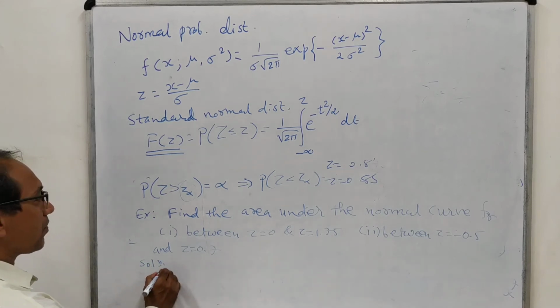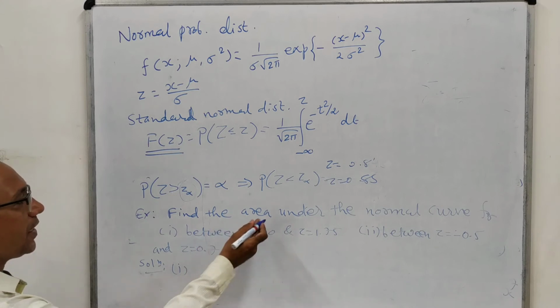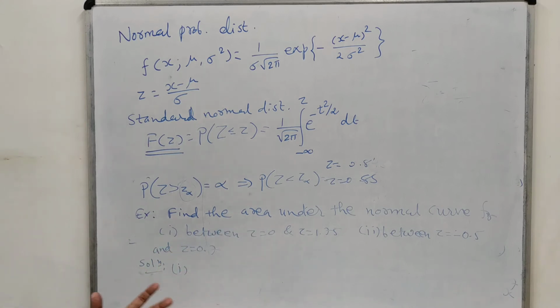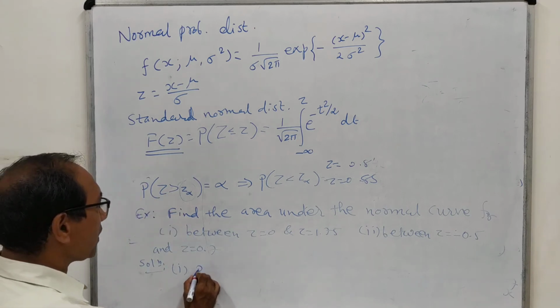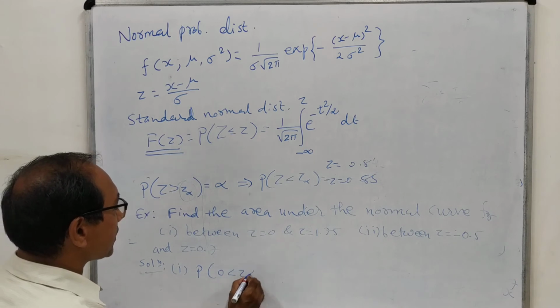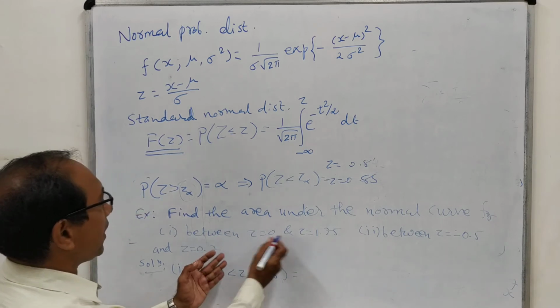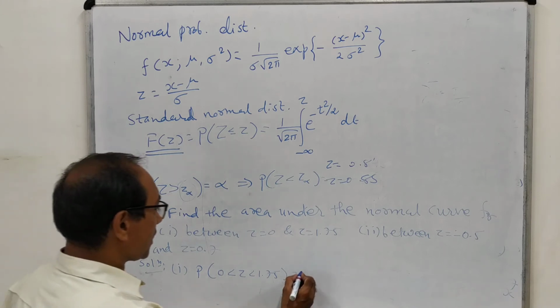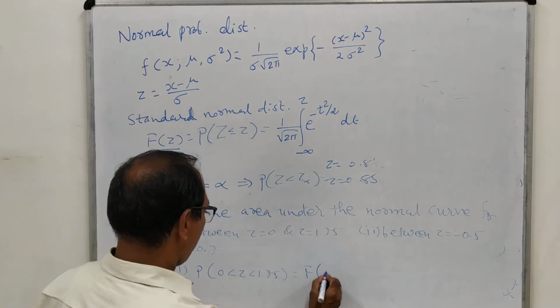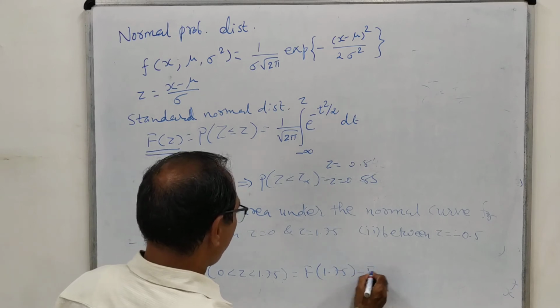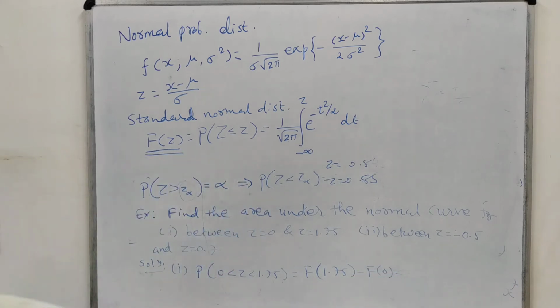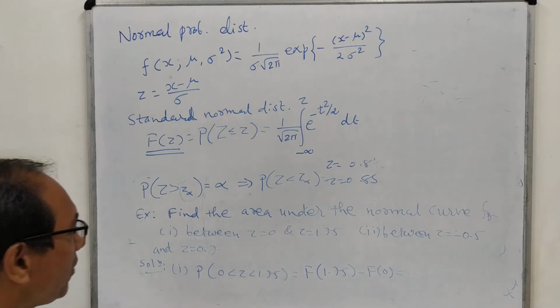Solution. For the first one, we want to find the area under the normal curve. Area under the normal curve is nothing but the probability. That means we have the probability for 0 less than z less than 1.75. This is nothing but, as I discussed, f of 1.75 minus f of 0. From the table you can find the value for 1.75.